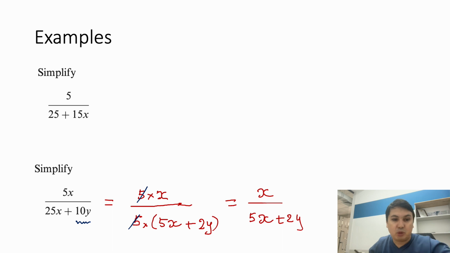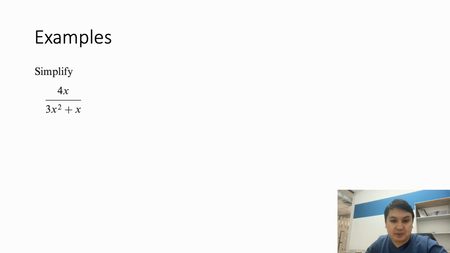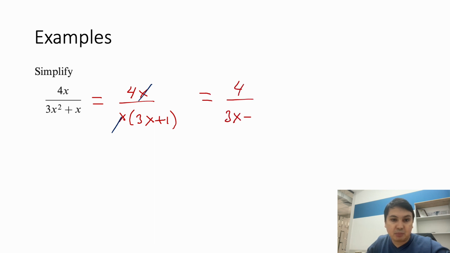Okay, more examples. So what do we have? Here I have 4 times x. At the bottom I can take out x, right? So what is left is 3x plus 1. So now, cancelling out the common terms, I get 4 here, and here I get 3x plus 1.